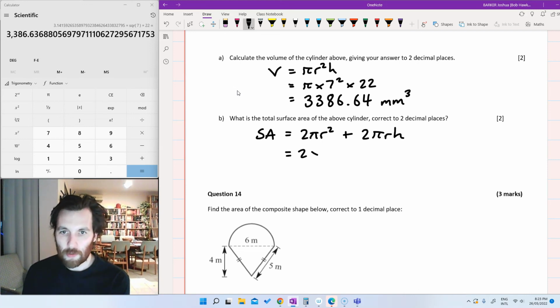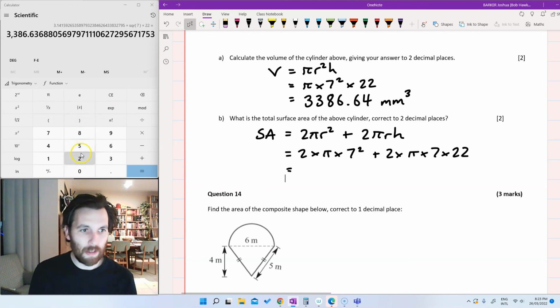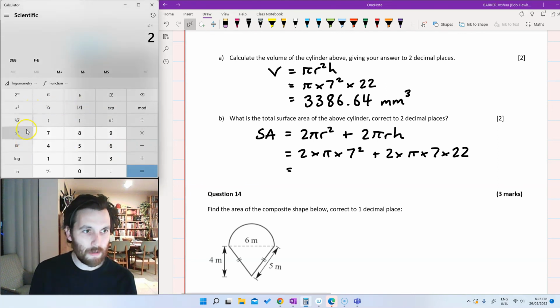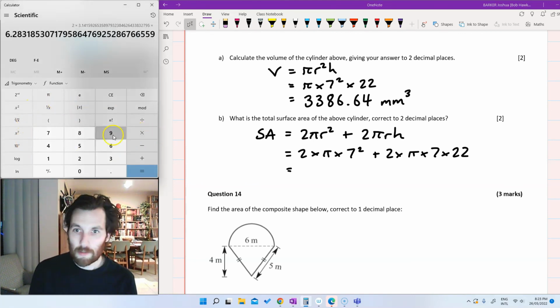Okay, 2 times pi times the radius squared, which is 7 squared, plus 2 times pi times 7 times the height, which is 22. And again, I'll get my trusty calculator. 2 times pi times 49 plus 2 times pi times 7 times 22.